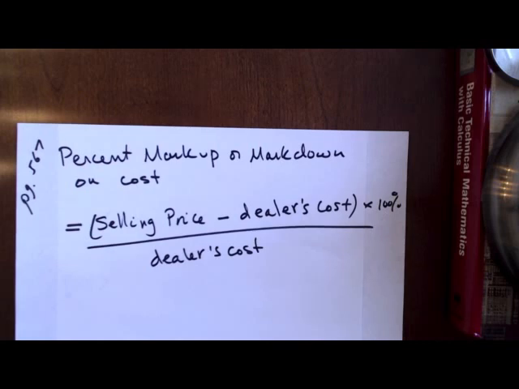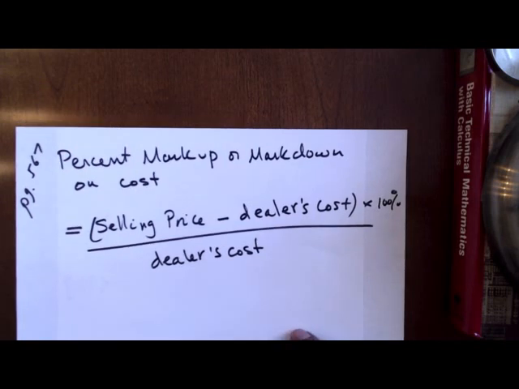Another example that we have of applying percent calculations in terms of percent differences or percent change is what we call the percent markup or markdown on cost. It's similar to the previous formula that we had. In this case, we're dealing with consumer products, a given department store business.